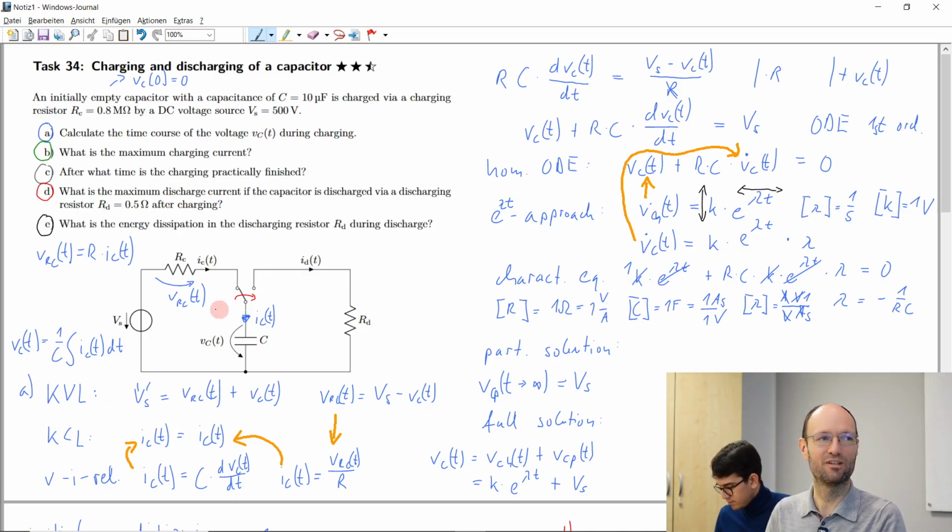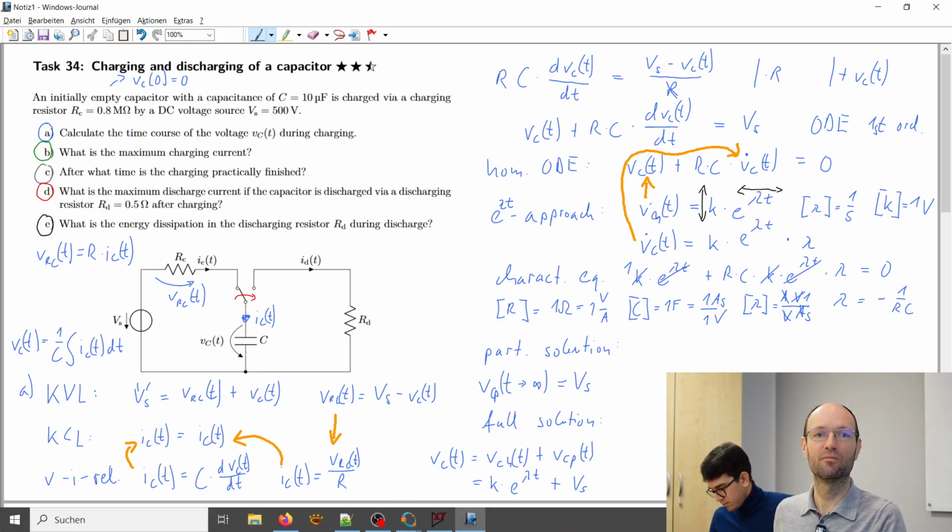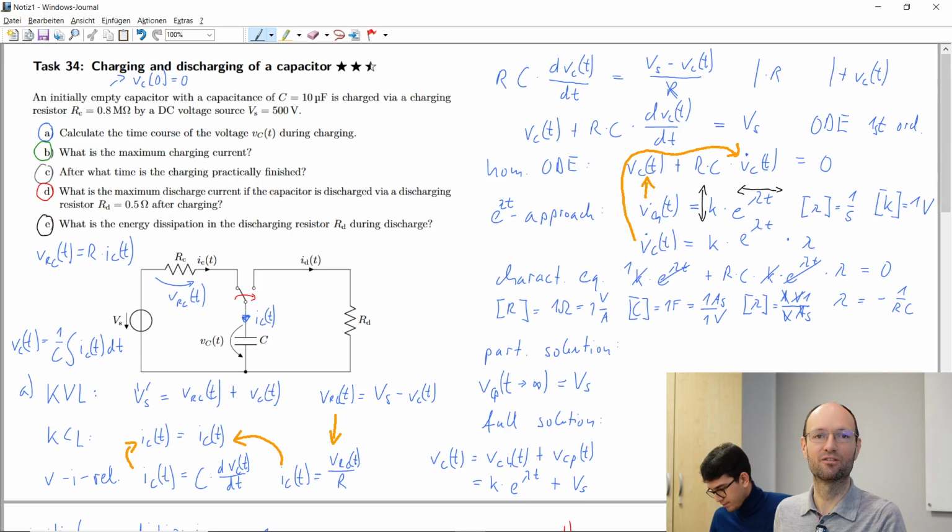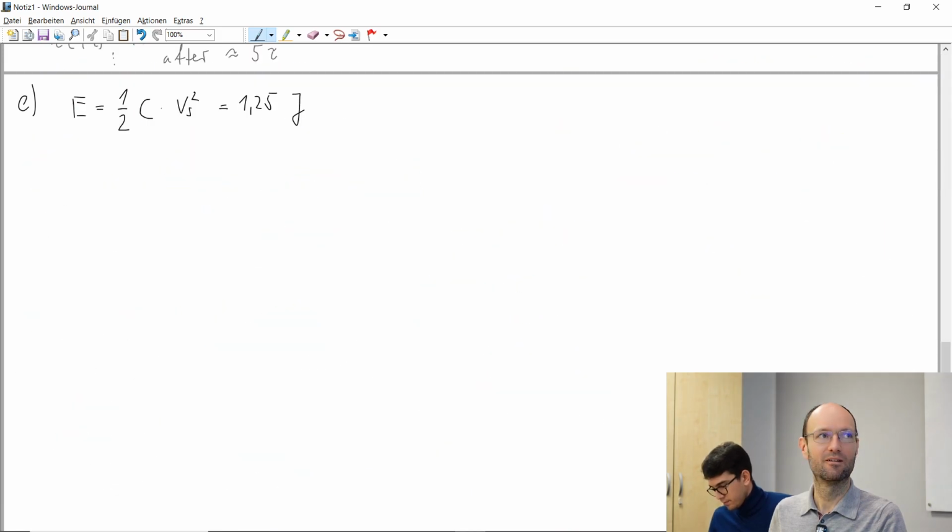And at the end, of course, it should be the same as the energy that comes from the capacitor. So how to do this? It's ohmic, so it should be the P times T.